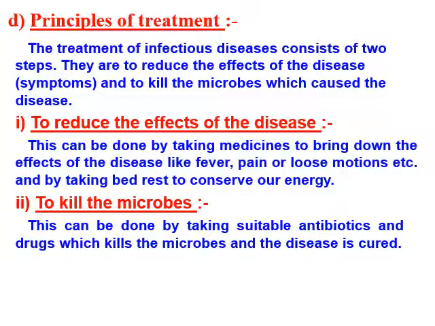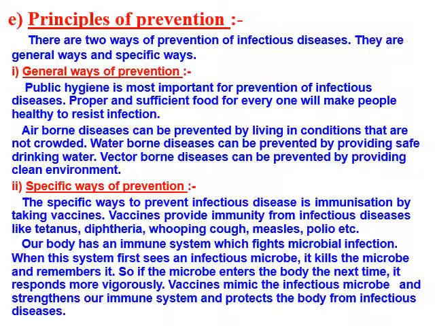Second is to kill the microbes or the organisms which are the reason behind the disease, the pathogens. This can be done by taking suitable antibiotics and drugs which kill the microbes, and the disease is cured. It is said that prevention is always better than the cure.